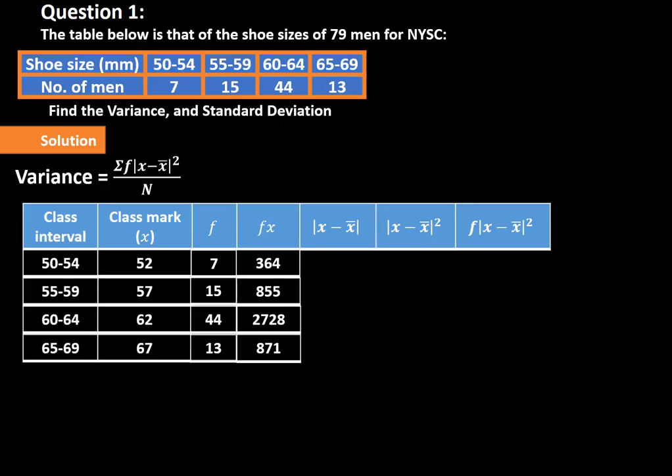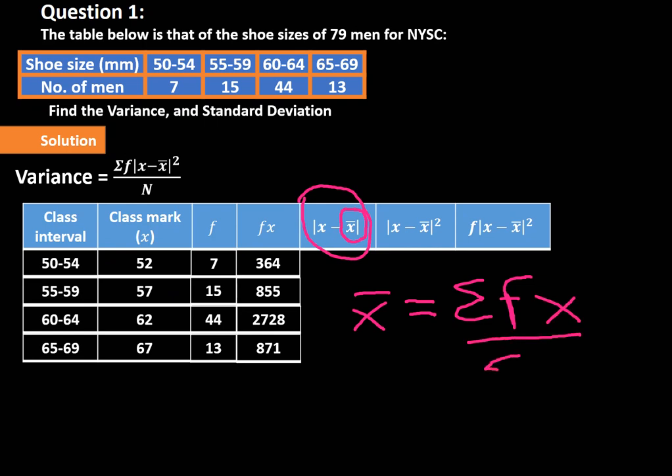So I'm talking about this part here. I need to move to this. In order to do this, I need to find the x bar, which is the mean. Generally, mean x bar is calculated by doing summation fx divided by summation f.